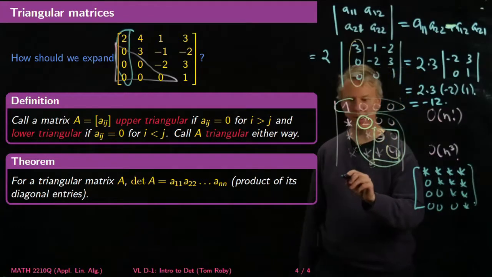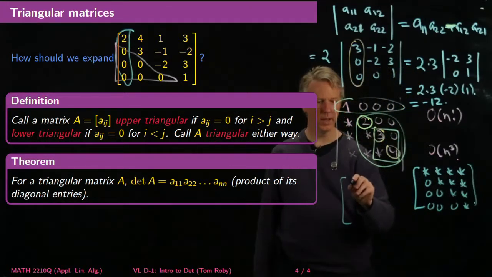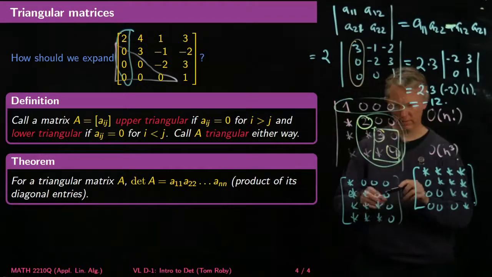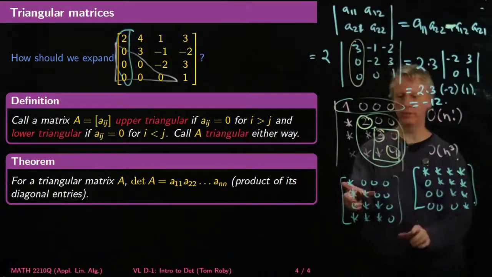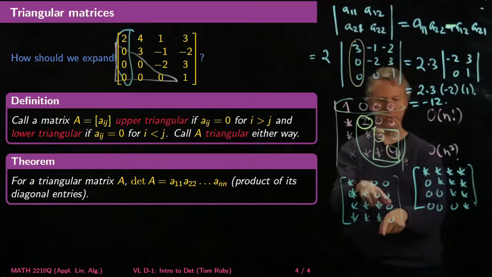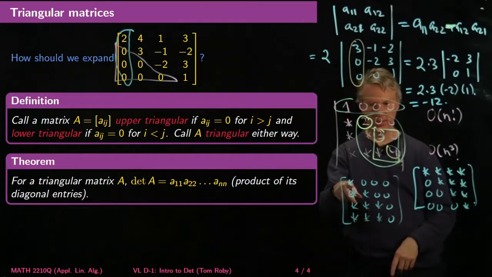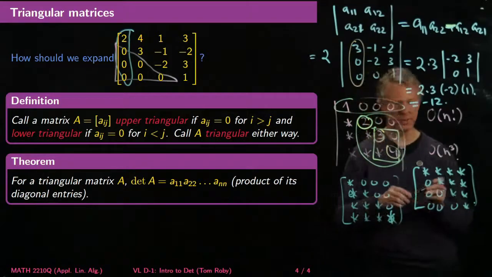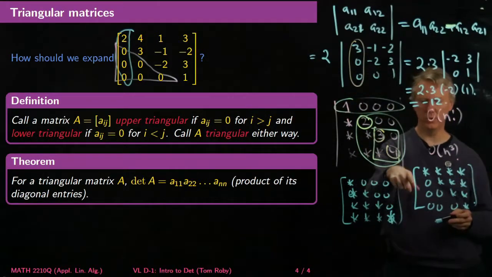And then upper triangular would have the form star, star, 0, 0, star, star, star, 0, where this is kind of regular expression language for saying that the stars can be any values you want, but the zeros have to go where I put them. There should be 6 zeros in each one.